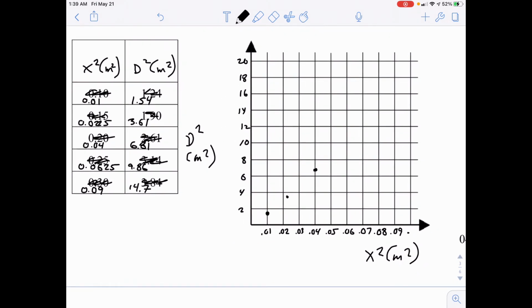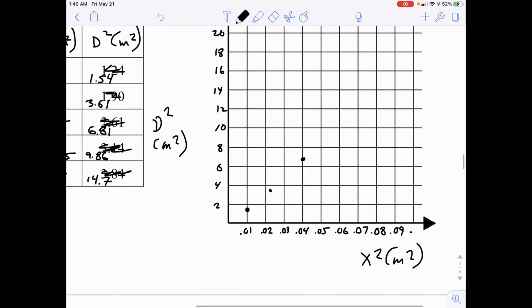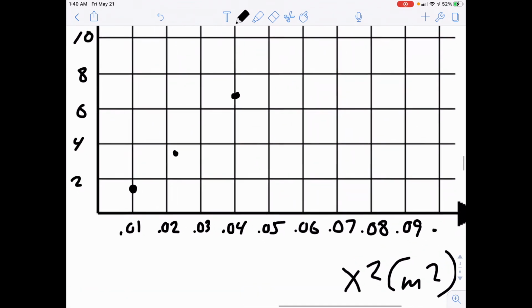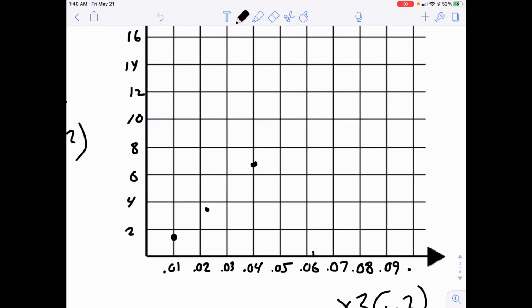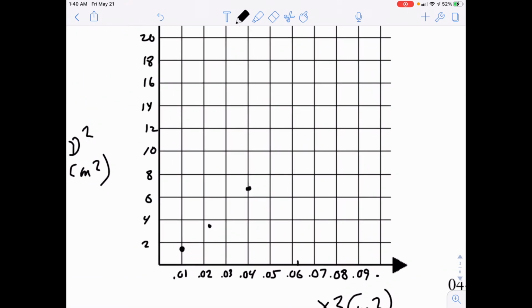Then we're going over 0.06 and a quarter and up almost 10. So we look at it here. This would be 0.06 and a half. This would be 0.06 and a quarter. And we're going all the way up to almost 10. Whoops. Try that again.